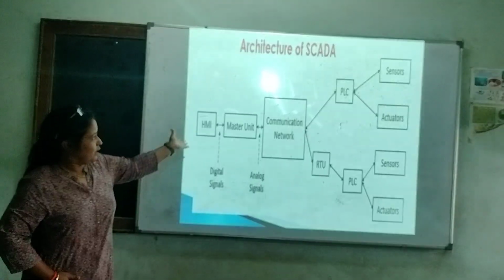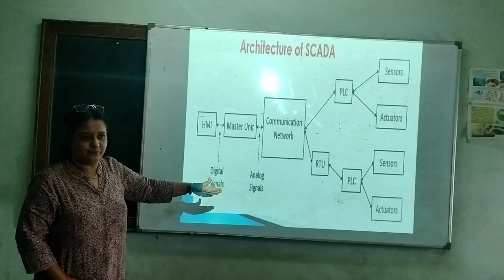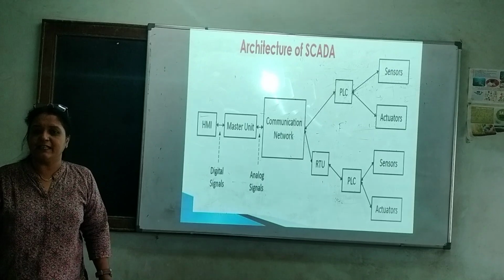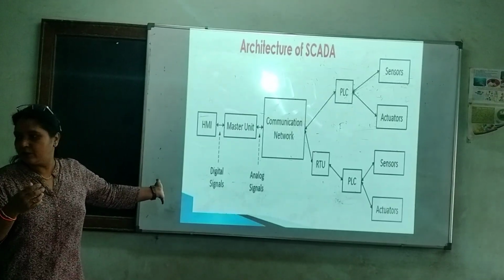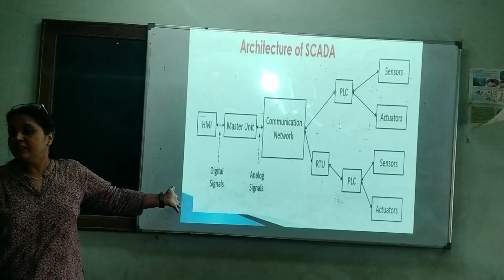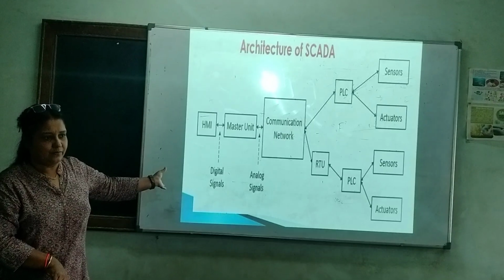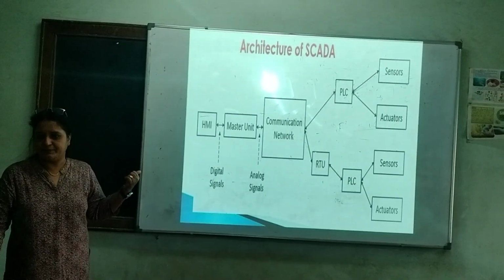This full setup is called SCADA. SCADA in turn has these PLCs and RTUs for the collection of the data from those devices and sensors. Therefore, this is the basic data flow diagram for SCADA.